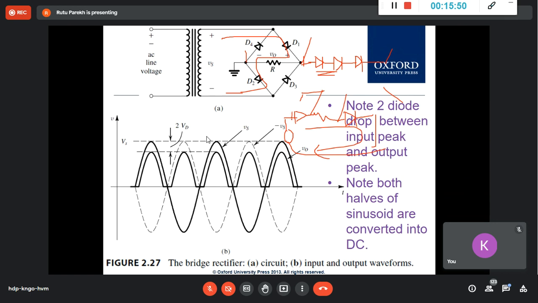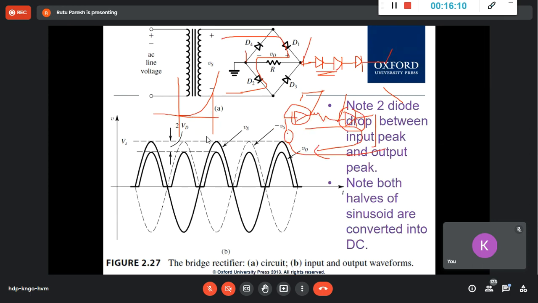See, this voltage drop is always 0.7 when it is conducting. As I said, the nature will not change. When it is conducting, it will not be 1, 2, 3, 4, 5, 6, 7, 8, 9, 10 volt.